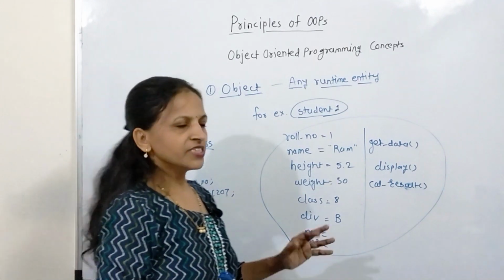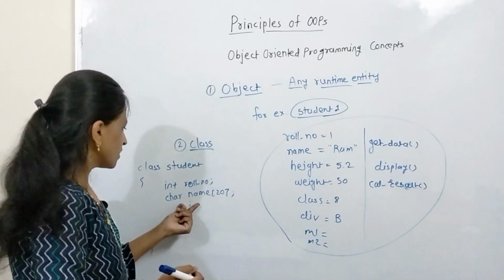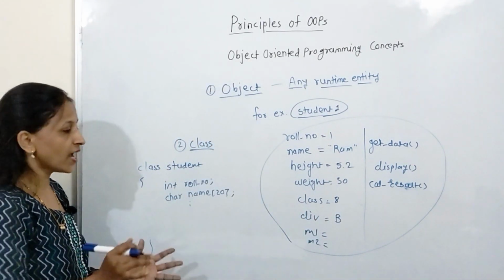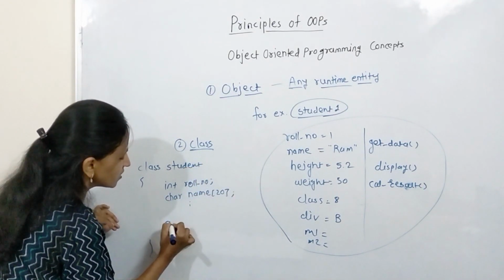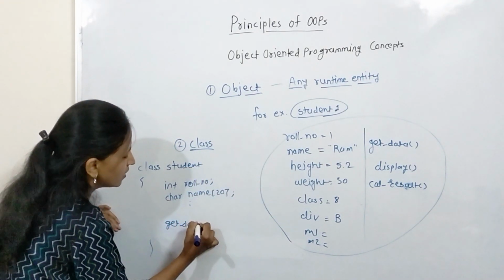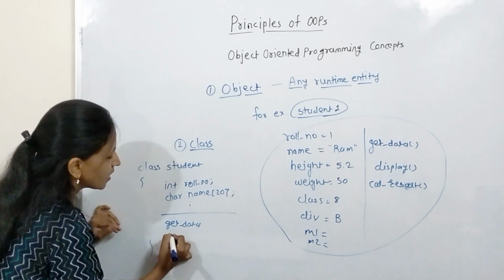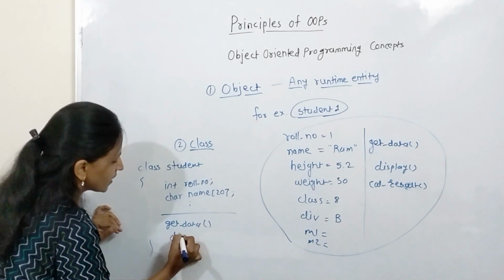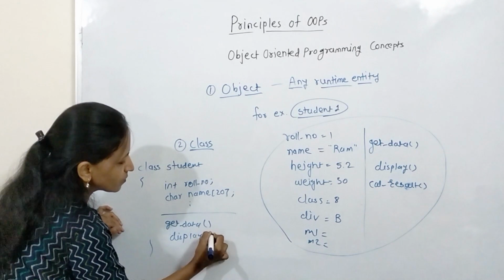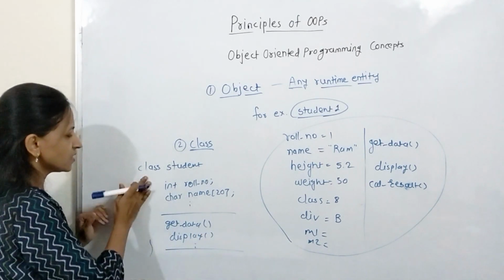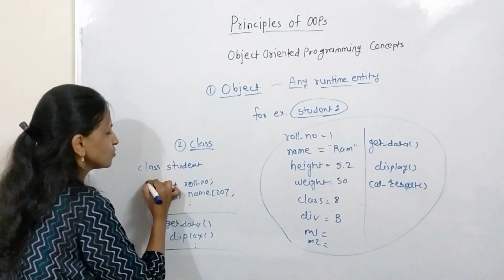Height, weight, class, division, marks if you are considering, then all these attributes we have to write over here. And again whatever possible methods we have to write here like get data, then these are the methods, get data. Then next one is let display. These are the possible methods, any number of methods this class can have. Means this is just a class student.